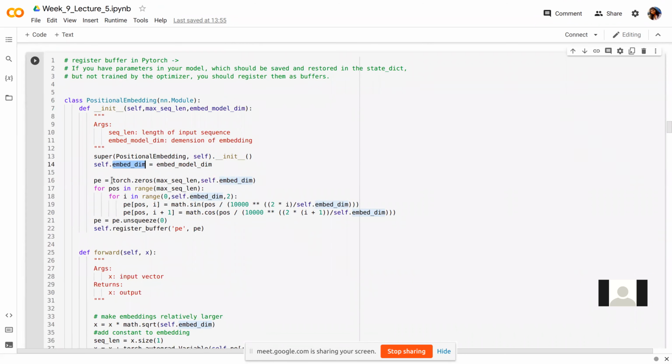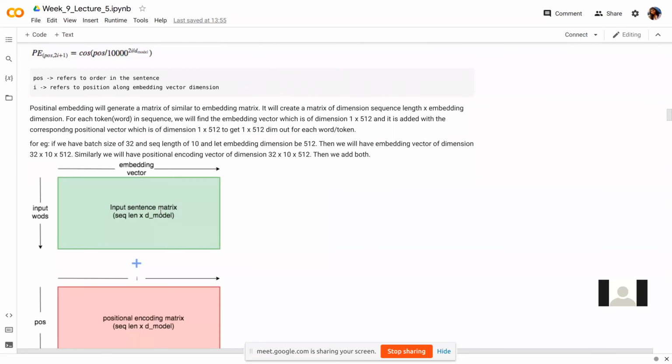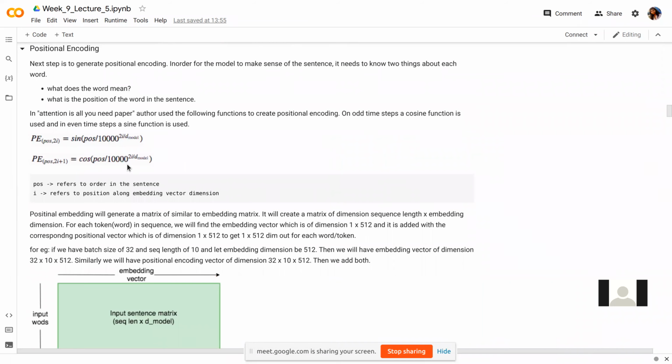So a zero matrix has been created here with number of rows equal to the maximum length of the sentence and self dot embedding dimension representing the embedding size for each token of the input. Now the next step is to compute the positional encoding using this formula.